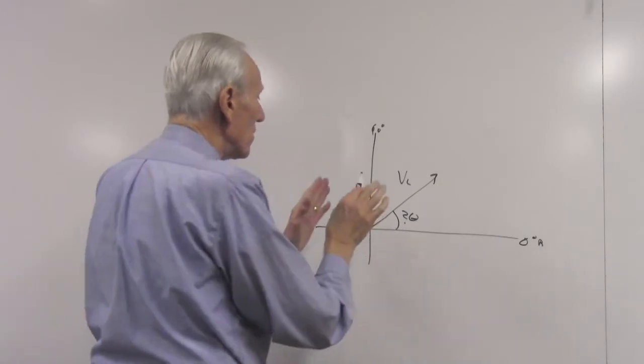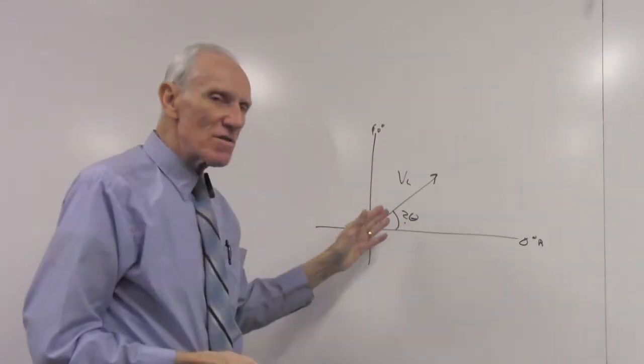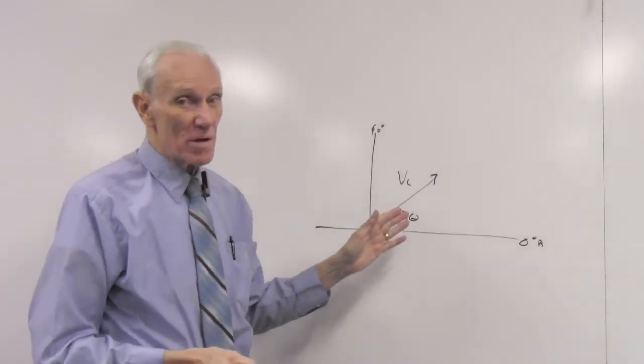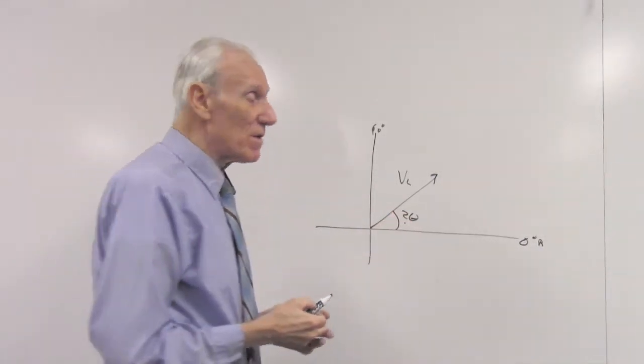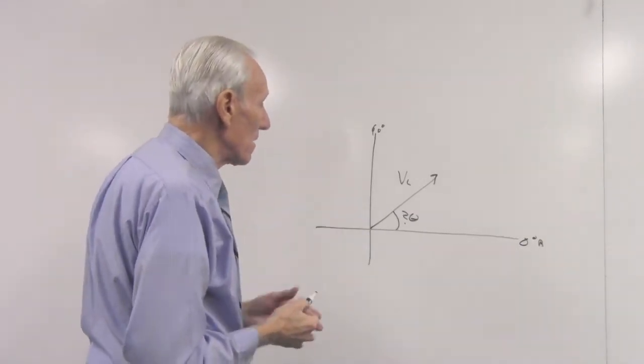So if the inductor has as much resistance as it has inductance, this angle is going to be, as you can probably expect, 45 degrees.